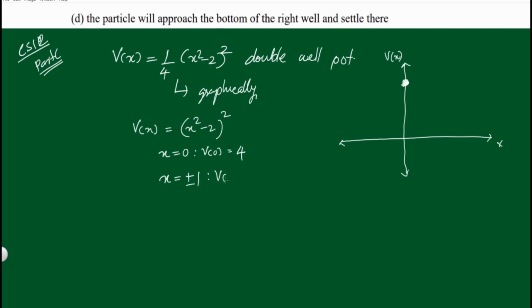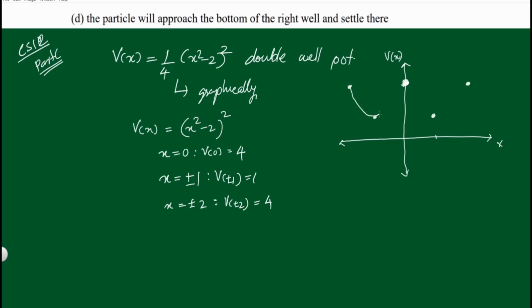Then V of plus or minus 1 will be equal to 1, right? That is, for x equal to plus 1 the value is 1, and for x equal to minus 1 the value is 1. And for x equal to plus or minus 2, V of plus or minus 2 will be equal to 4, right? That is these points.